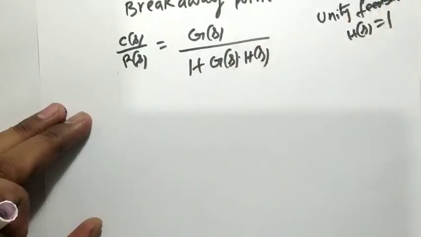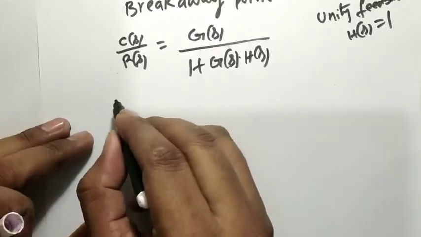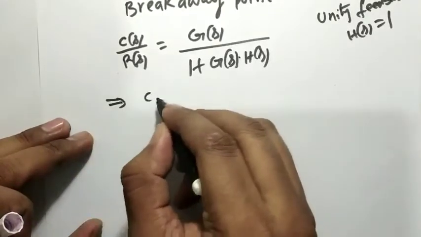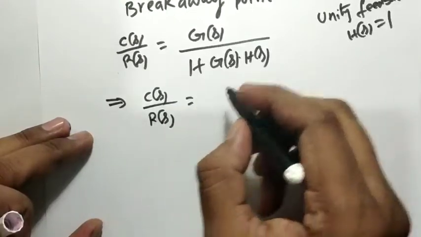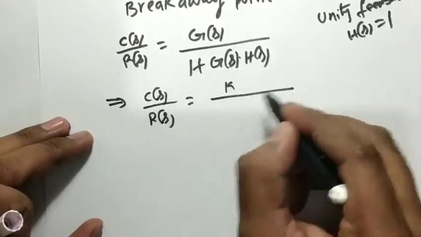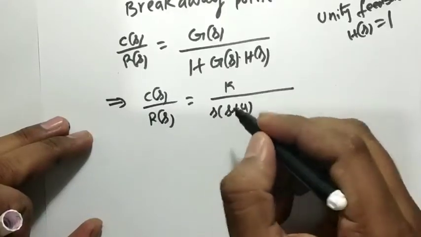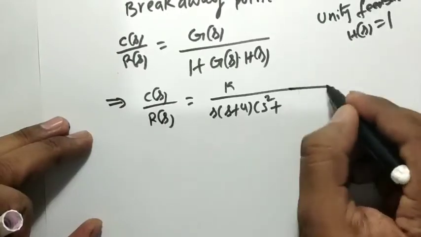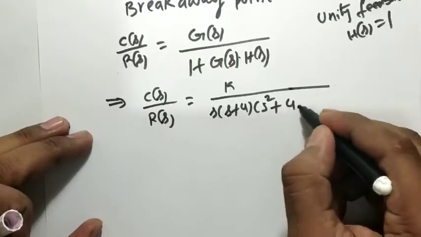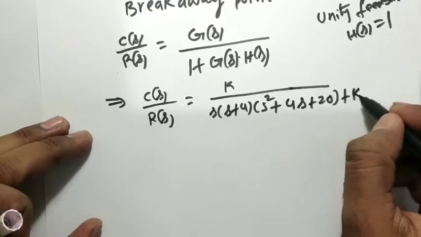Then substitute the G of S. After substituting, you will get R of S is equal to K by S into S plus 4 into S square plus 4S plus 20, plus K.